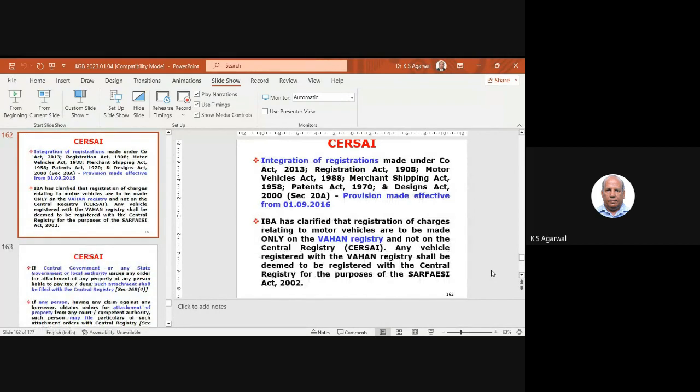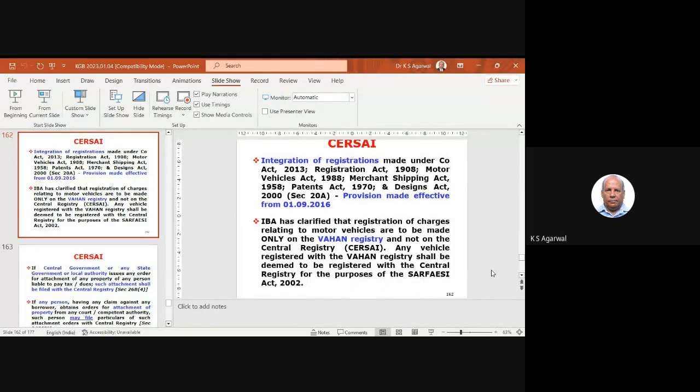Then, integration of registration. Under the Companies Act, with ROC, we register our charge. Partnership deeds are registered under the Partnership Act. Registration Act means that whenever a property is sold or transferred, it has to be registered.